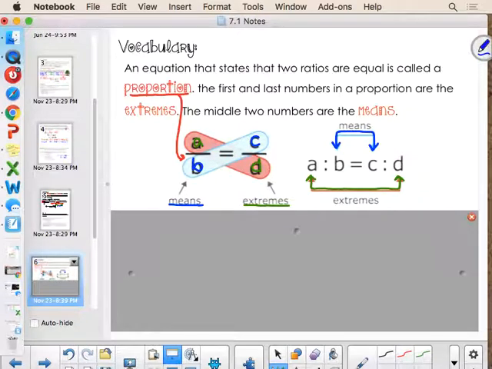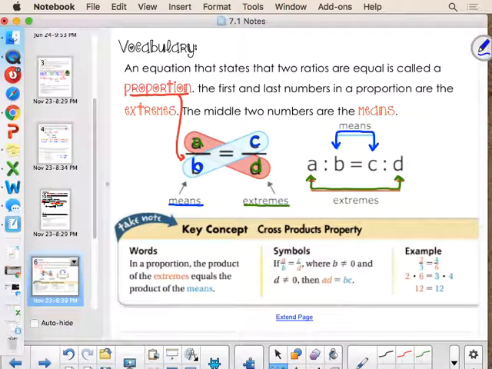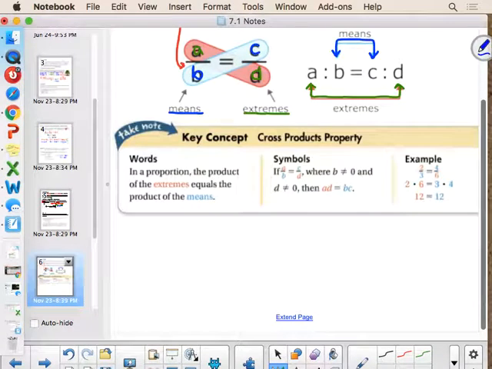The only reason I'm talking about this vocabulary is because we're going to utilize these words when talking about certain properties of proportions. Okay? So here's our first property. This is actually a property that you know about. It's called the cross product property. So if we have the proportion A over B equals C over D, all I need to do is multiply both sides by the denominators.